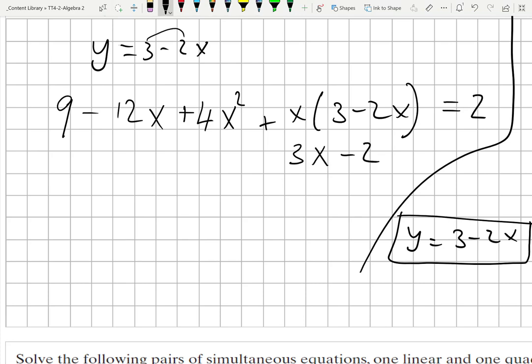So I'm just going to read up and down vertically here and do some tidying up. What can I group with 9? The 2 here.